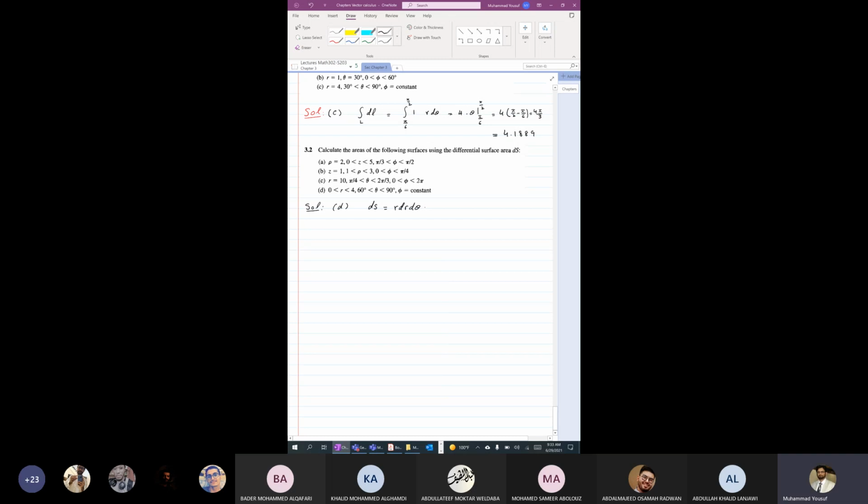Actually, this has the unit vector. If we put here a phi, the unit vector, we should put here an arrow. So this is with arrow vector notation, and we do not put this arrow, so this is just the area element.